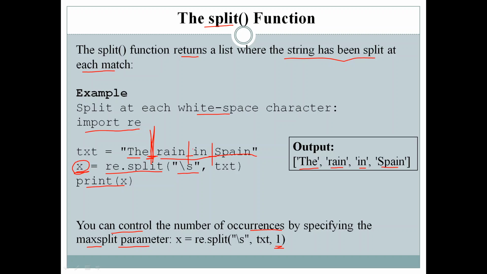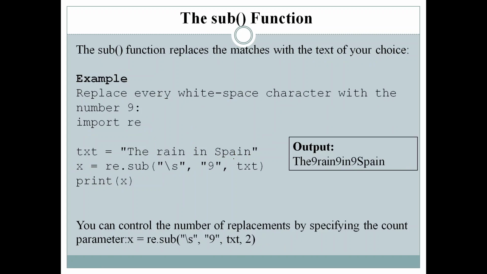If it is 2, it will go for the second match also, and it will split the string into 3 parts: The, rain, and the last string is in Spain. Like this you can control the number of occurrences by specifying the maxsplit parameter. Okay, this is about the split function.